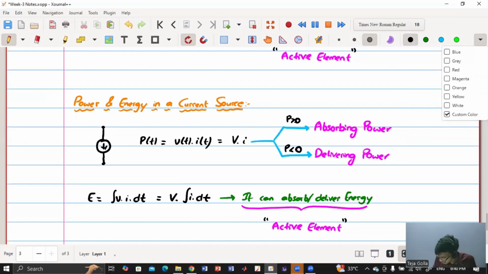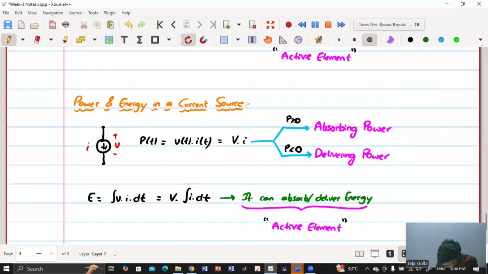The current is positive, the polarity is this, and it is V of t, and the current is constant. I can directly write it as a constant current, capital I.